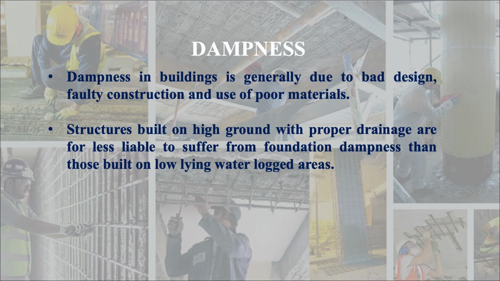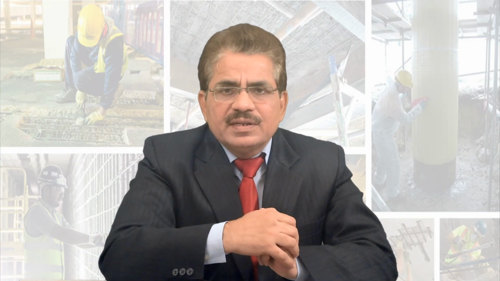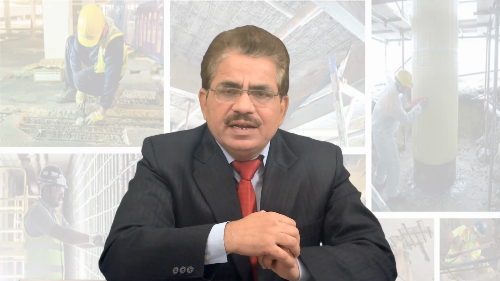Structures built on high ground with proper drainage are far less liable to suffer from foundation dampness than those built on low-lying waterlogged area. That foundation dampness may not occur for the structures which are situated at a higher ground and which are having a proper drainage system. But if the structures are built in low-lying waterlogged areas, then certainly dampness will cause many problems.